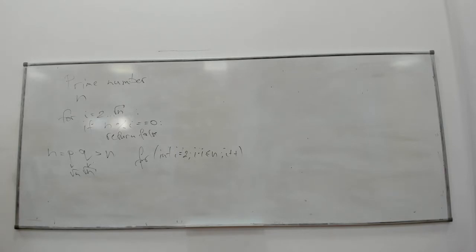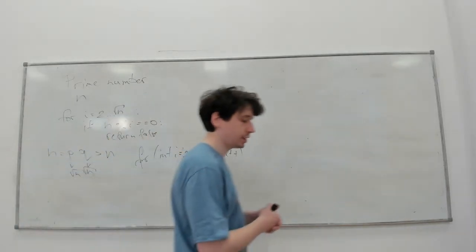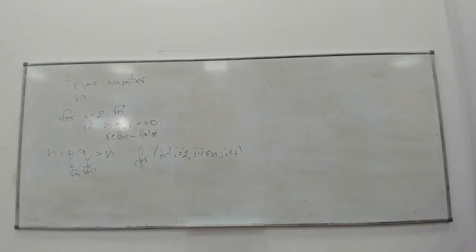I will give you some moment to think. Probably someone in Zoom chat can tell me. Again, you can consider this one where n equals p times q, where one of them is less than the square root of n. This should give you an intuition as well.